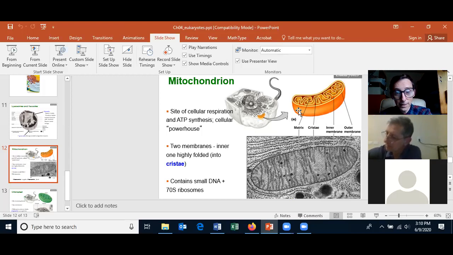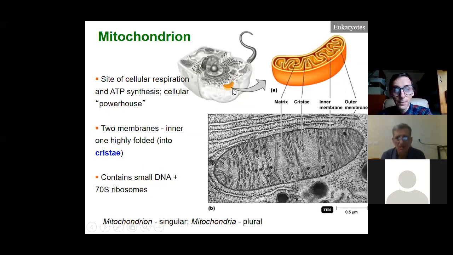Here's what it looks like, shown in an actual electron microscopic image. This is two-dimensional, that's three-dimensional. The mitochondrion has two membranes, the outer membrane and the inner membrane.